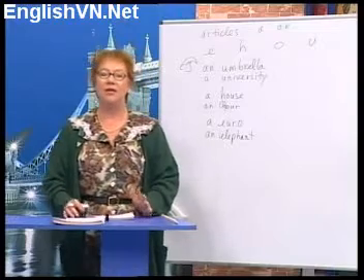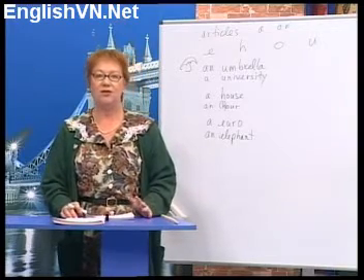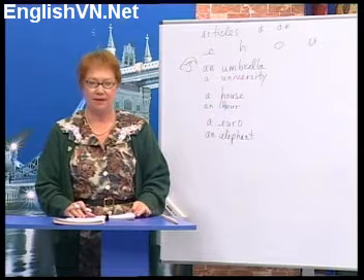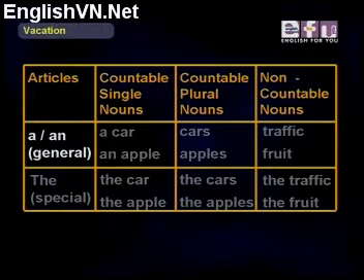Okay, now look at the screen and you can see a chart reviewing the articles. Now, notice we have articles, countable single nouns, that means one, countable plural nouns, 2, 3, 10, 20, and non-countable nouns.